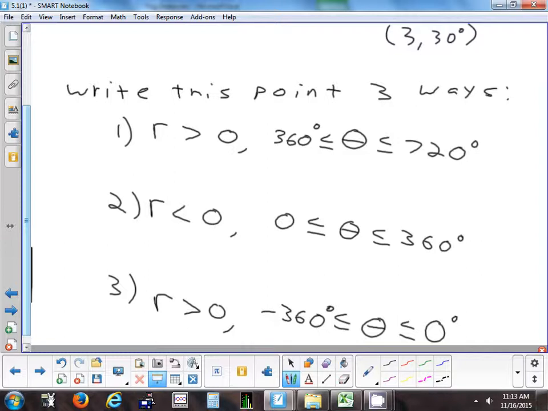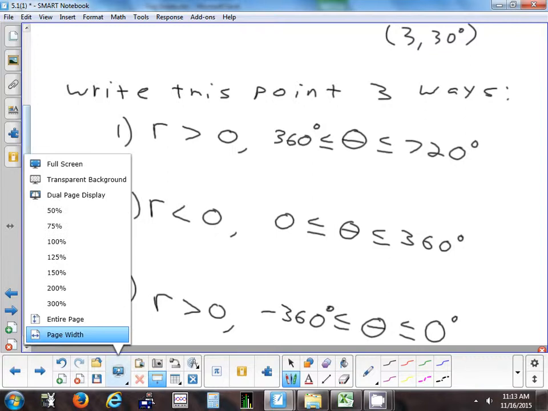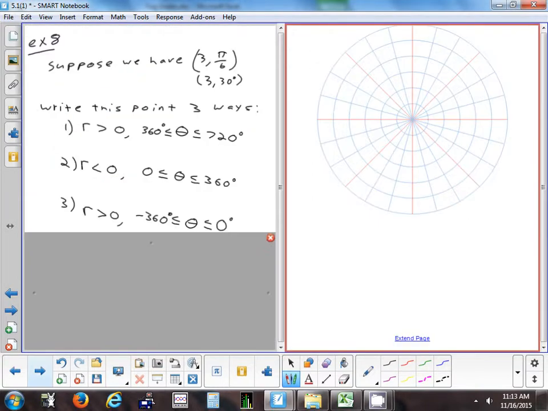Right, so the easiest way to do it is usually to sketch it so you can see visually. Or if you can do it in your head, that's fine too. Right, so I'm just going to graph 3, 30 so we know where it is.